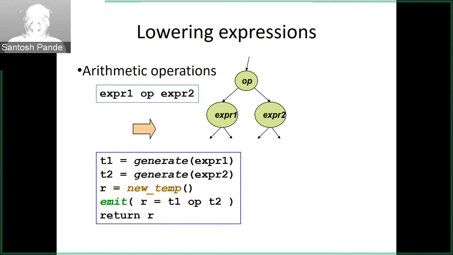So now these two code generations have finished after the first call and after the second call. And now the main thing that is going on at the op level is as follows. We are going to solicit a new temporary name here, with a new temp call, which gives yet another symbolic name, and then combine the results of those two names, which are in T1 and T2, through the op and generate this R.